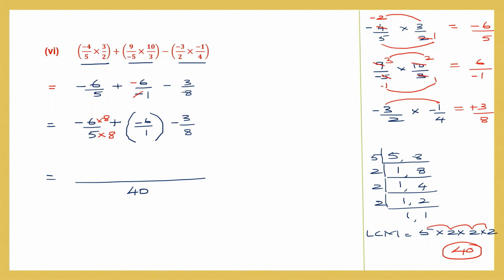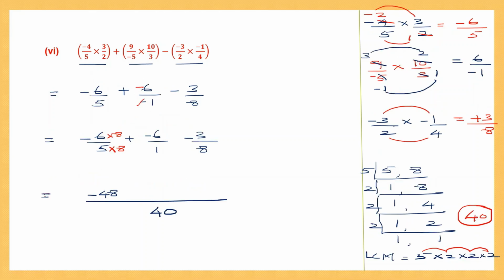So that is minus 48. And then let's go to the next one. Plus 1 into 40 is 40. So we have to multiply minus 6 into 40. So that will be 6 fours are 24. So minus 6 into 40 will be minus 240 here.